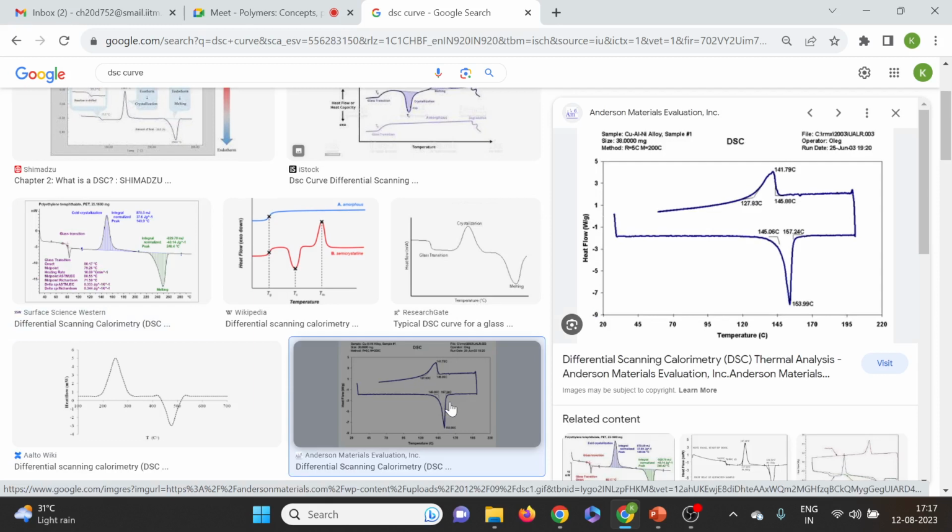As you get to understand the material, you will get to know how the process should be: first heating followed by cooling, or cooling followed by heating. Sometimes a single heating itself will give you the required information. Sometimes you have to go through cycles, a single cycle of heating and cooling, or sometimes multiple cycles. You will get some additional information on the material.